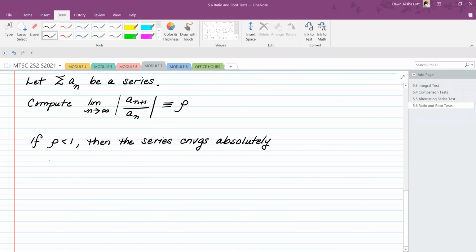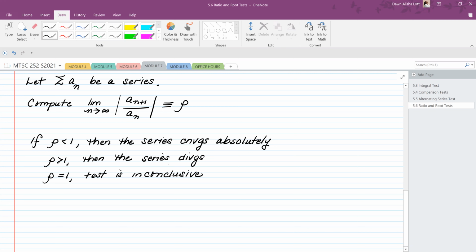If rho is greater than 1, then the series diverges. And if rho is equal to 1, the test is inconclusive.